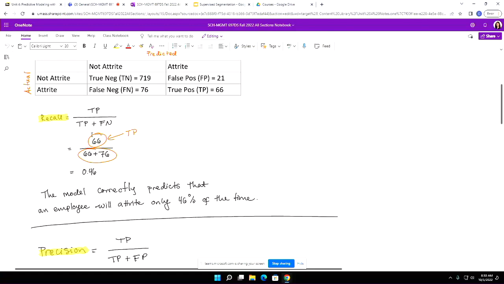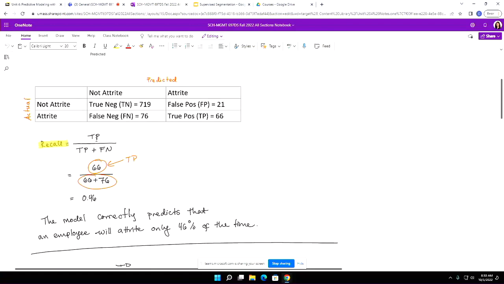One of them is called recall. Recall takes our true positives, the 66 cases where the model predicted someone was going to attrite and they actually did, and divides that by the true positives, which is our 66, plus the number of false negatives.